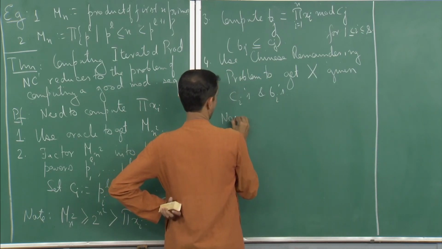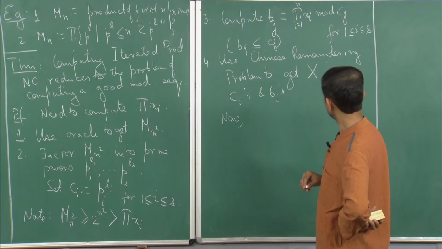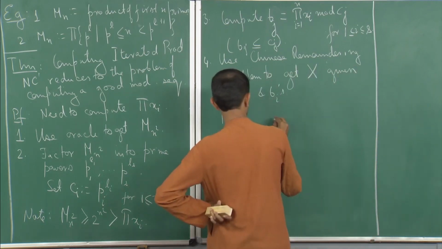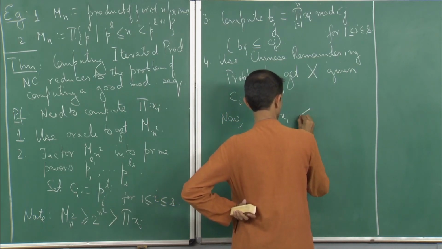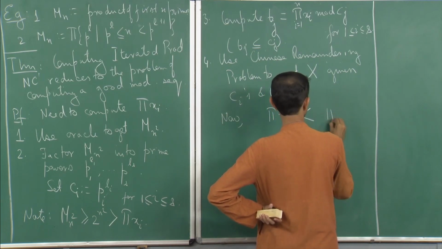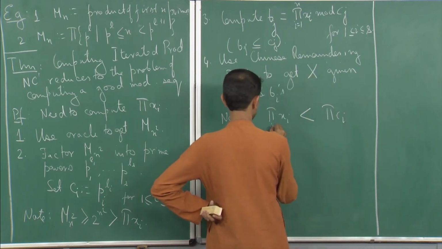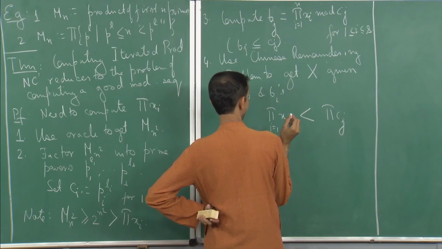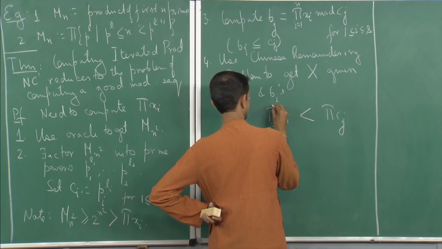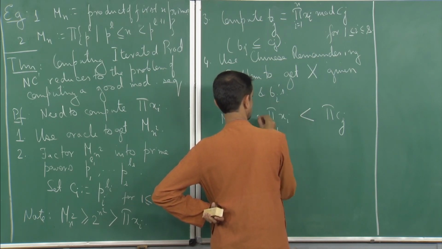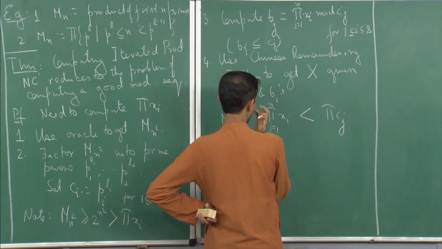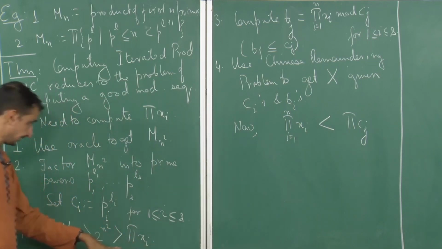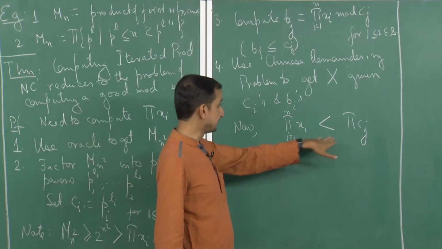Now, what we have is, of course, that the product of xi is less than the product of these Ci, so this is j going from 1 to s. So, the product of xi is less than mn square, and mn square is equal to the product of Cj.